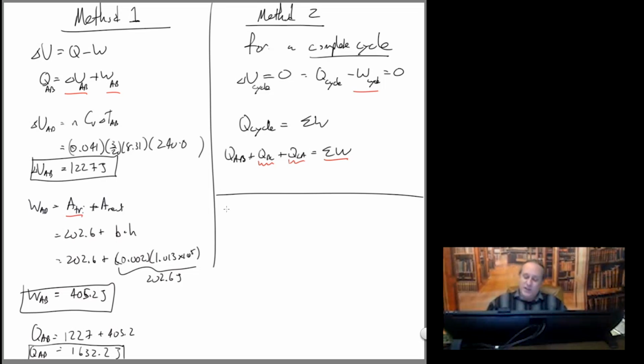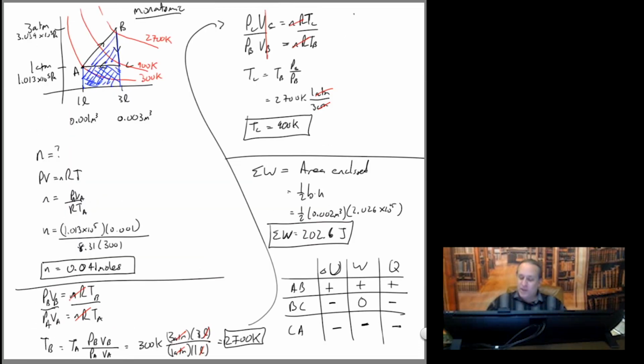Finally, to get the efficiency, that's going to be the net work over the heat input, which is 202.6. And then the heat input, according to our table, is only QAB. That's the only place where there's heat input.